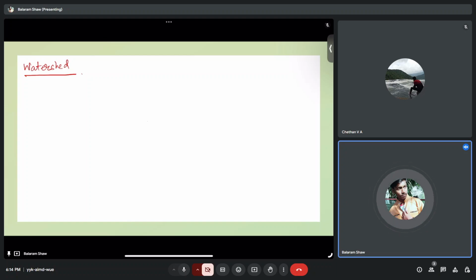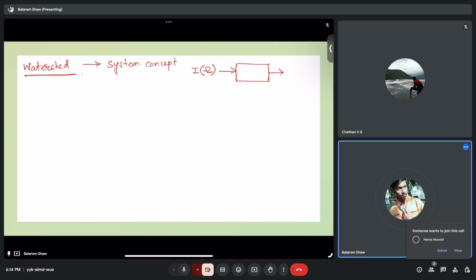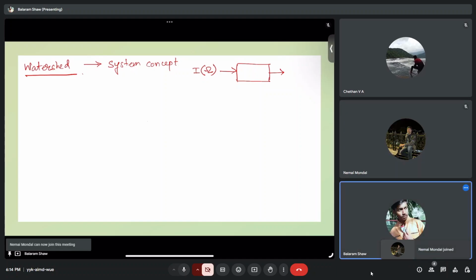Now we can consider this watershed as a system also. There are system concepts in which generally we take one input and there is some system from where we get the output.